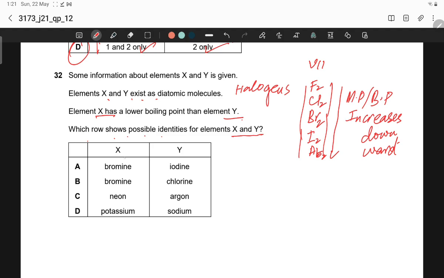X and Y exist as diatomic. Bromine is diatomic, iodine is also diatomic. Iodine is placed below bromine, so bromine has lower boiling point than iodine. So A must be correct.